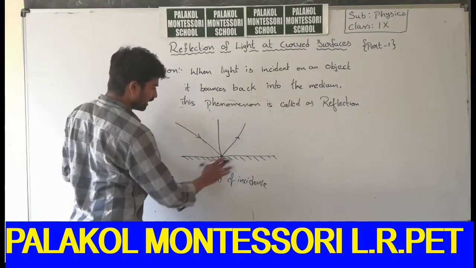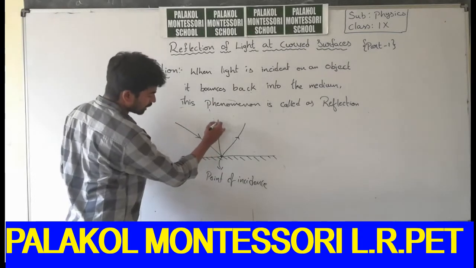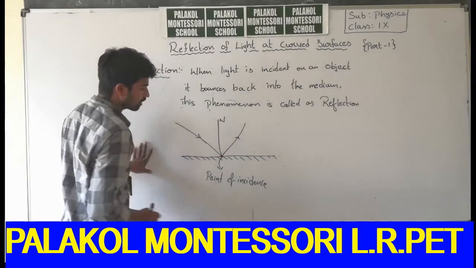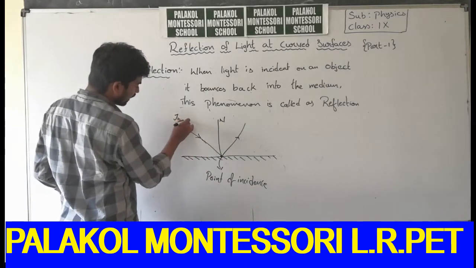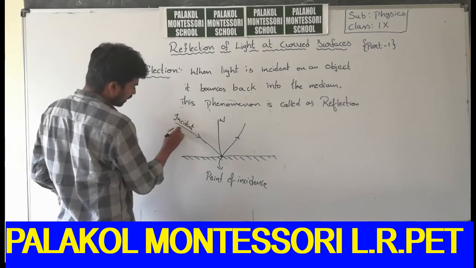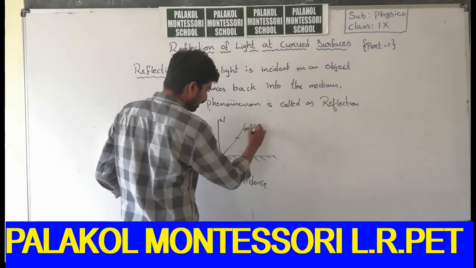The line normal to the plane, perpendicular to it, is called the normal line. This light ray is called the incident ray, and this light ray is called the reflected ray.